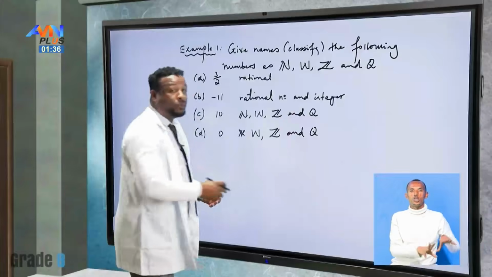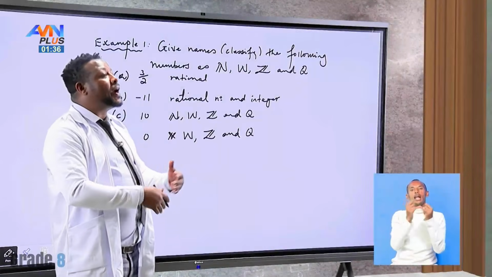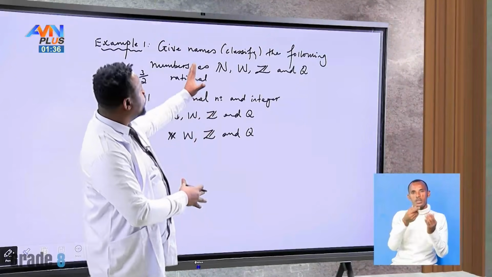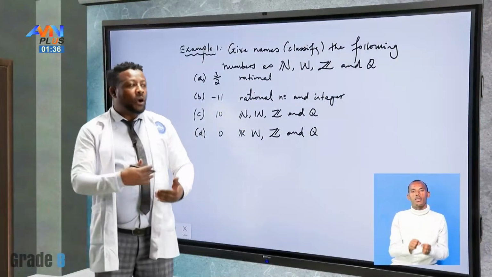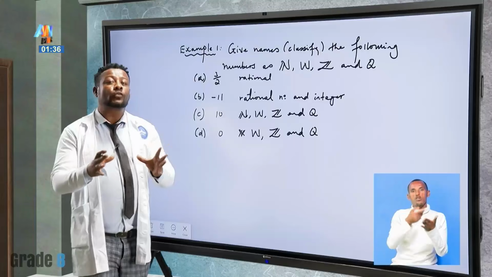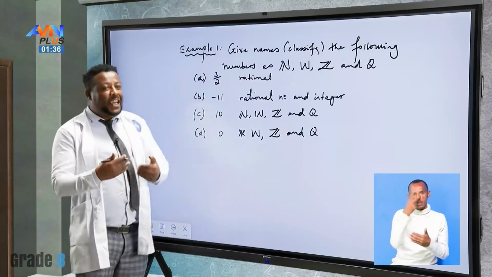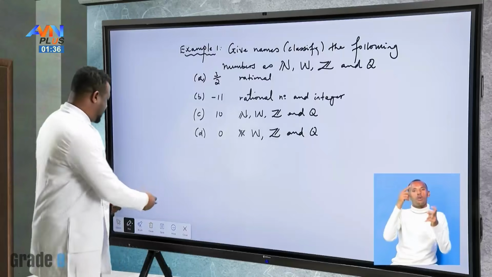Okay, students, now you have got the idea of classifying numbers in terms of these four sets, right? So this is all about the relationship between those four sets, right? Good. Now let's see the next topic for today.